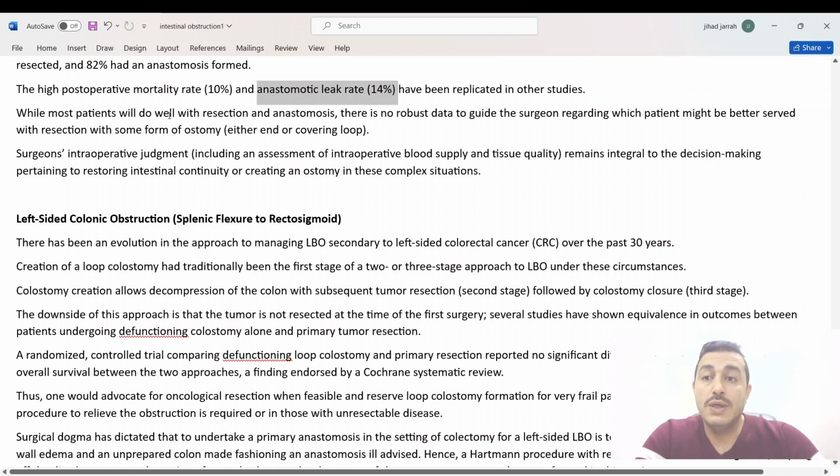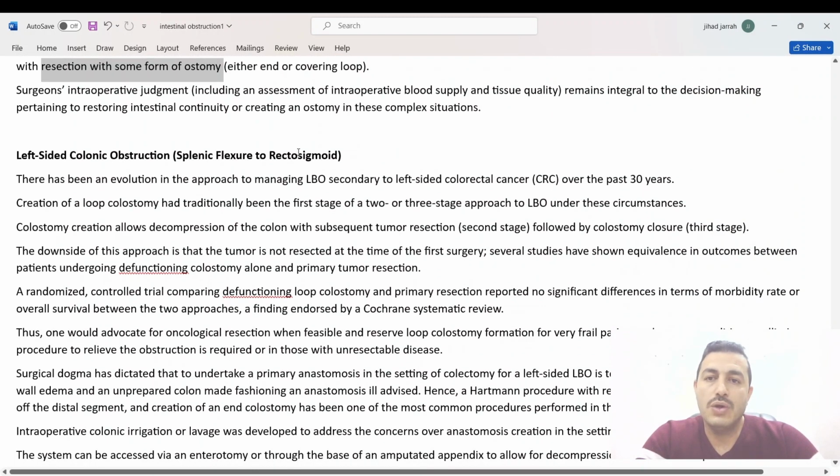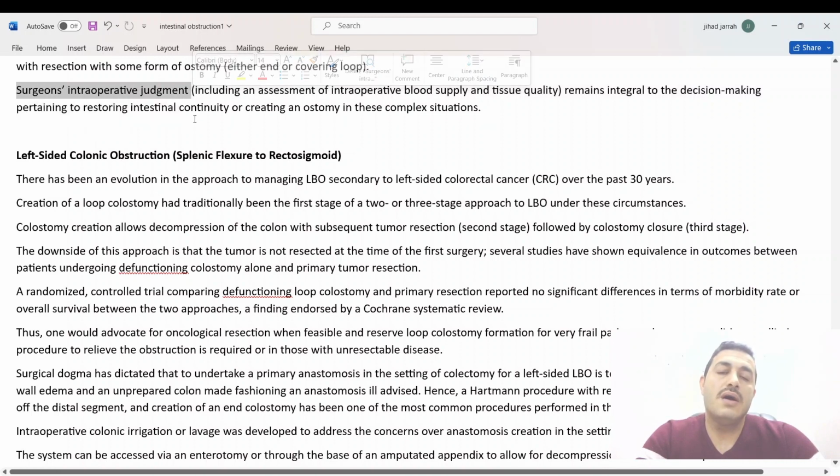While most patients will do well with resection and anastomosis, there are some surgeons that prefer to go for resection with stoma. Actually, loop ileostomy, sorry. This is actually the surgeon's intraoperative decision. Okay, this depends on the blood supply and the tissue quality.